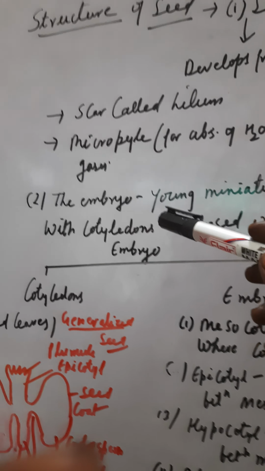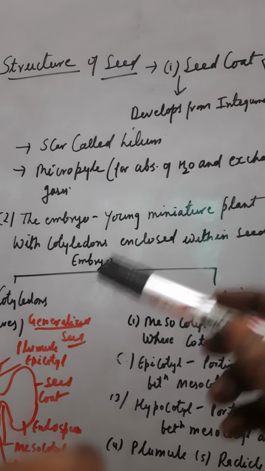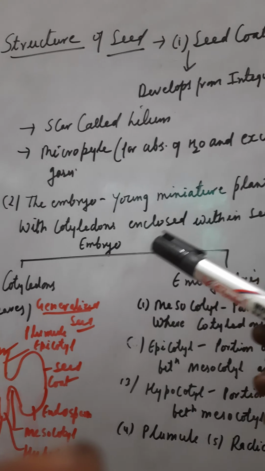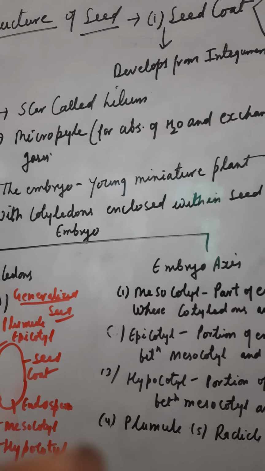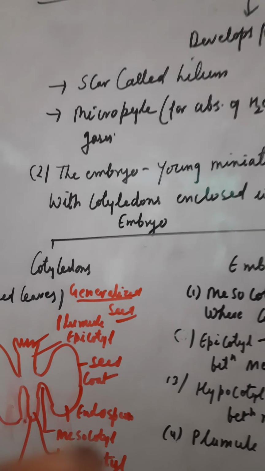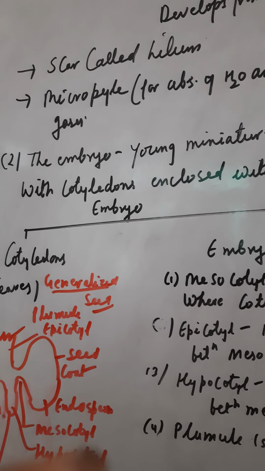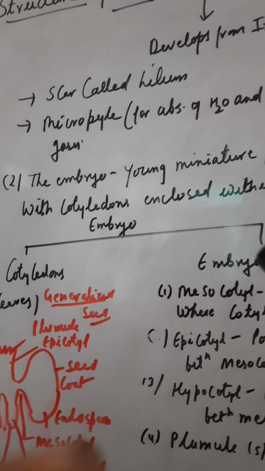Now the embryo is the young miniature plant, with cotyledons enclosed within the seed coat. Within the seed coat the cotyledons will be there, and the cotyledons are fleshy structures meant for the storage of food, and they provide food to the developing embryo.